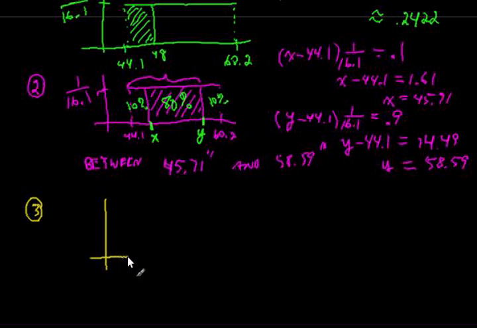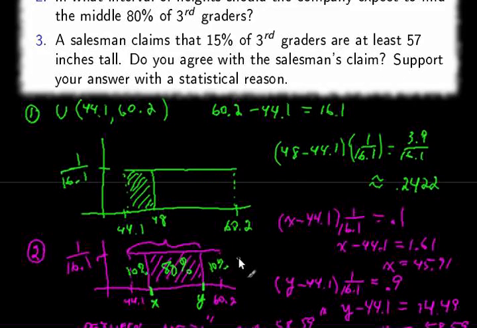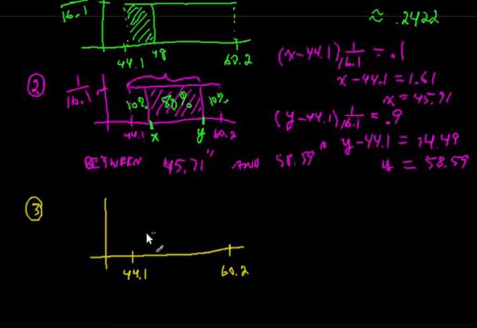We want to know what percentage of students are at least 57 inches tall. So if we sketch in the graph and put 57 over here, approximately where it belongs, then the percentage according to our distribution is the area of this rectangle here, and again the height is 1 over 16.1.